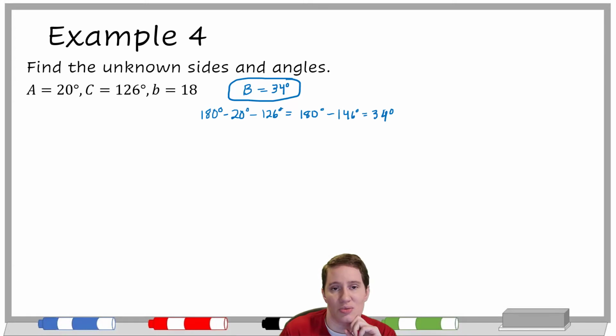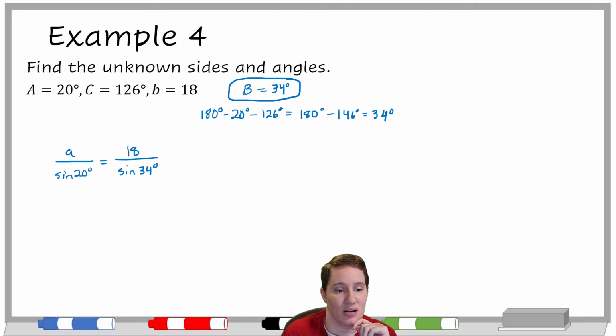Okay, it doesn't matter to me which way you do law of sines, if you put the angles on top or the sides on top. Just pick which way you want to do it and stick with that. So since I've done 2 with angles on top, I'm going to do angle on bottom on this one. So we don't know A, side A, but we know sine of 20. We now know all of B, so 18 over sine of 34.